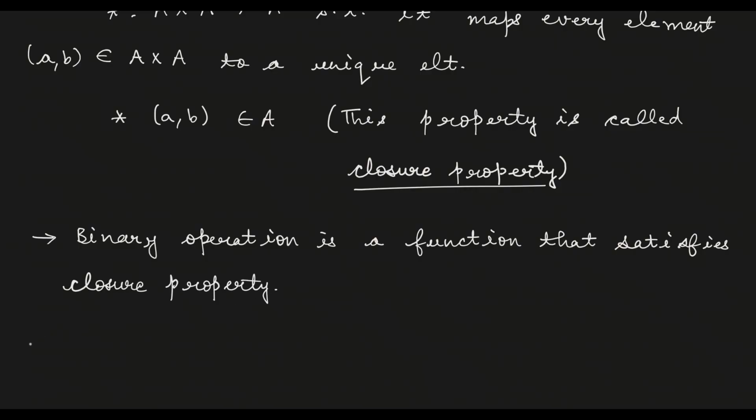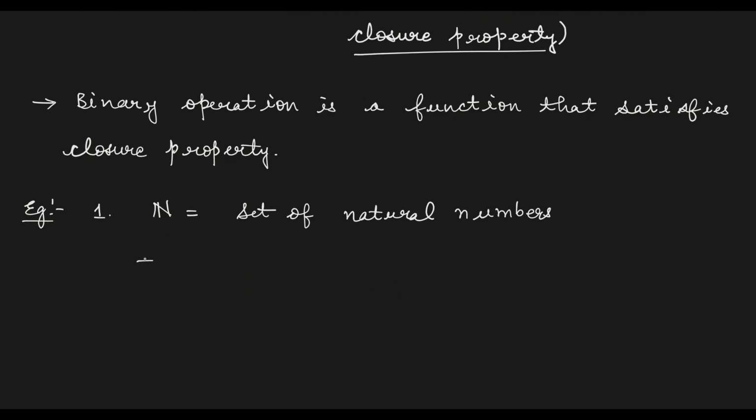Now let us discuss some examples. First, the set of natural numbers. I am defining the binary operation as N cross N to N, meaning an ordered pair (a, b) is mapped to a plus b.